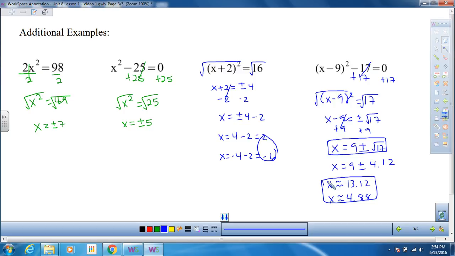Either way, it depends how they have your answer. If it's a decimal, then you'll round. If it's not, then you just leave it in radical form. We can't square root 17 without getting a long decimal.